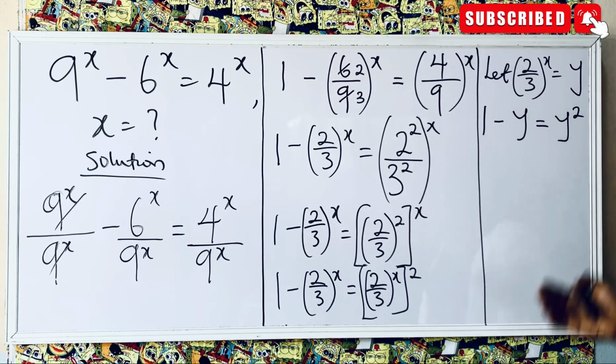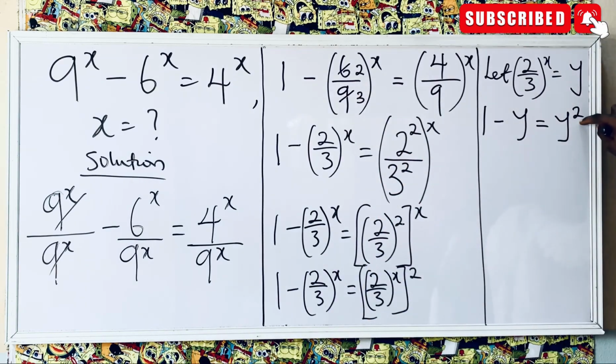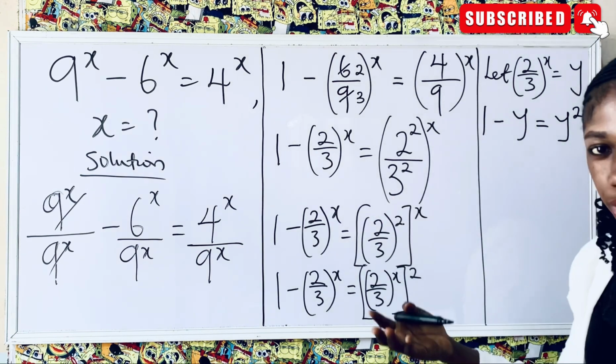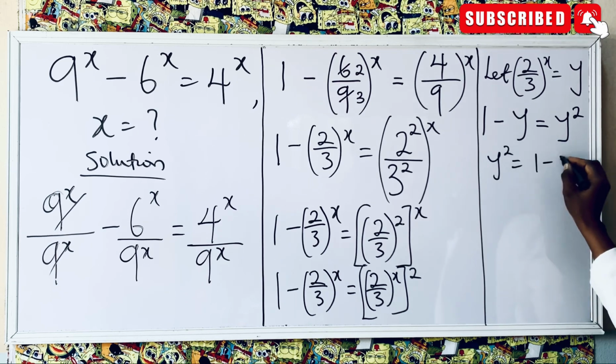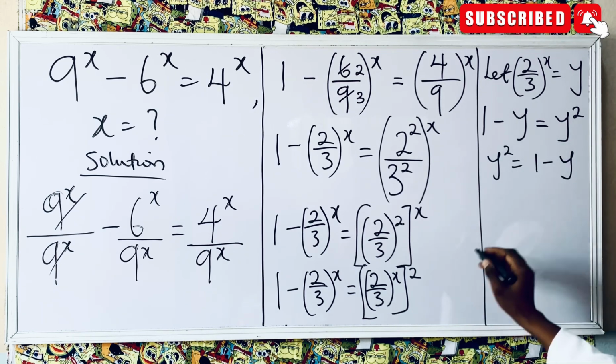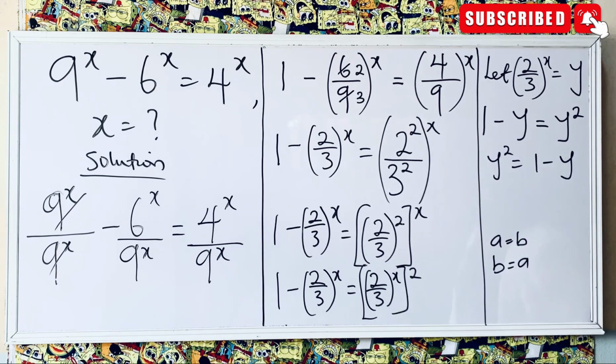So you see, this is leading you to an equation which we call quadratic because the highest power of this y is 2. So let's make it look more beautiful. Remember, this is the same as y squared is equal to 1 minus y. If you have a is equal to b, it is the same as b is equal to a.